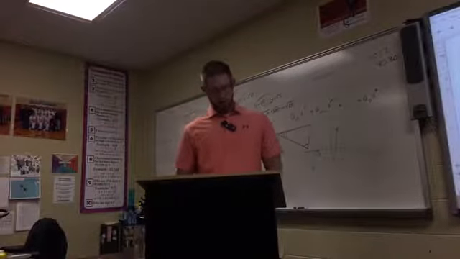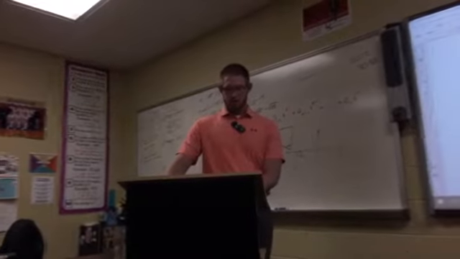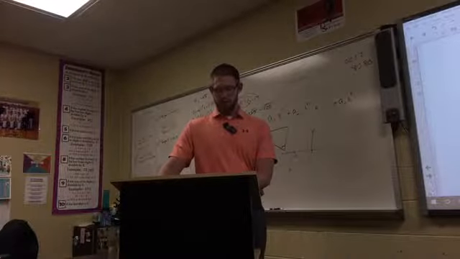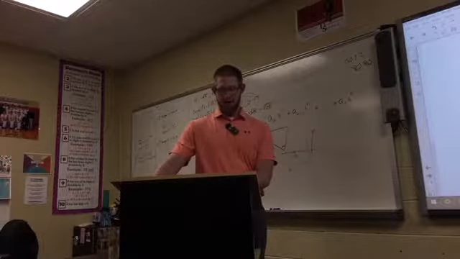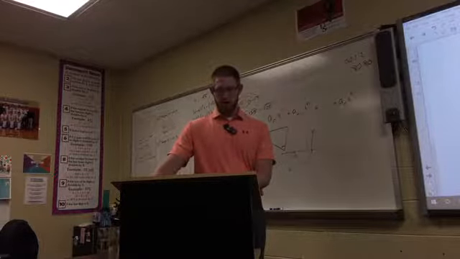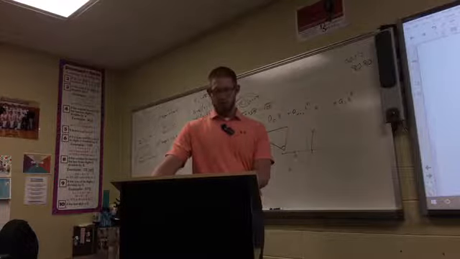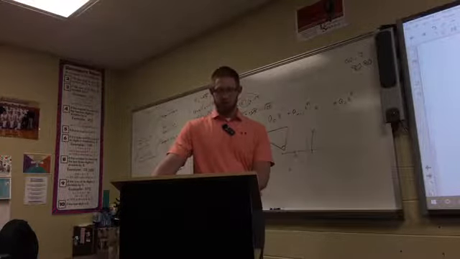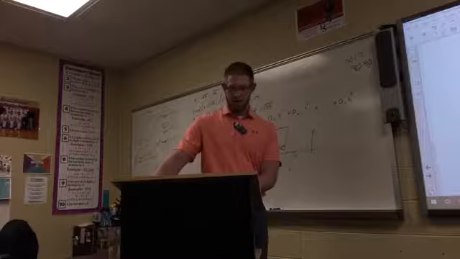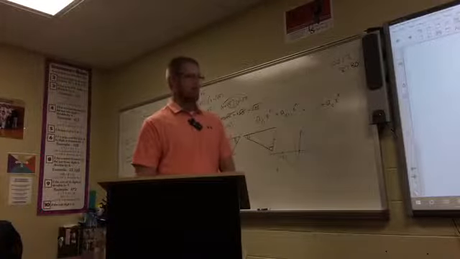The first bullet they have there says, the number of positive real zeros is equal to the number of changes in the sign of the coefficients of f of x, or is less than this by an even number. And the second bullet says the number of negative real zeros is equal to the number of changes in the sign of the coefficients of f of negative x, or is less than this by an even number.